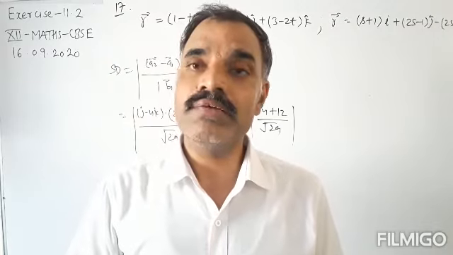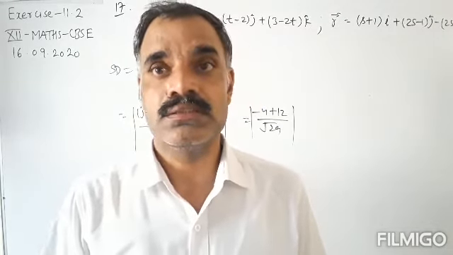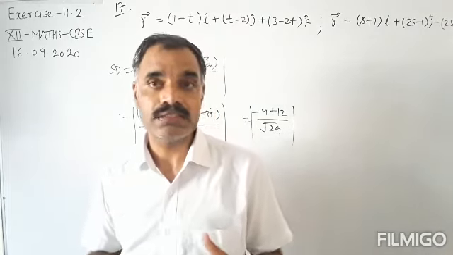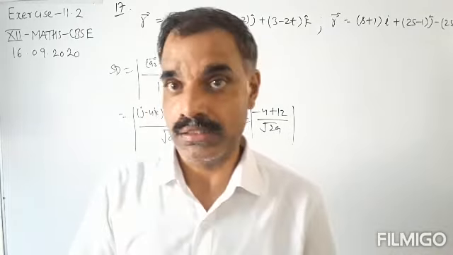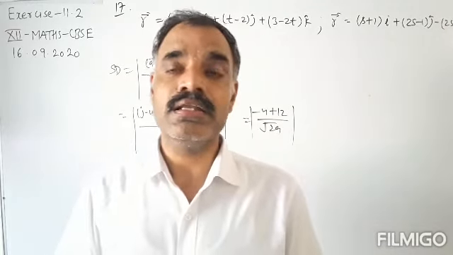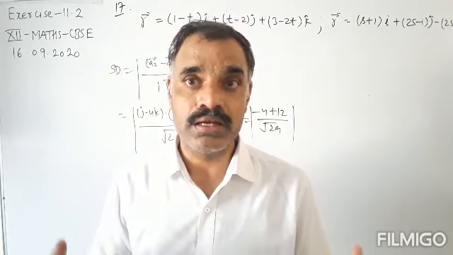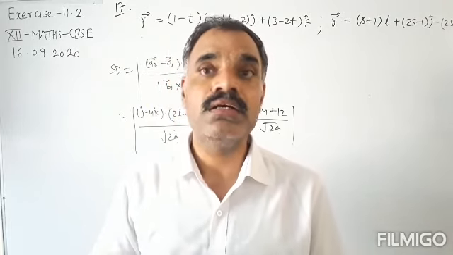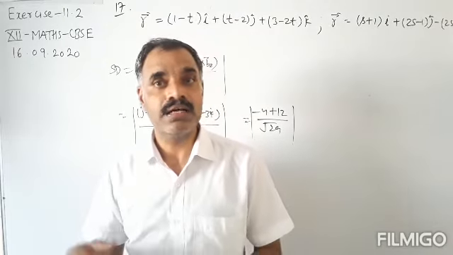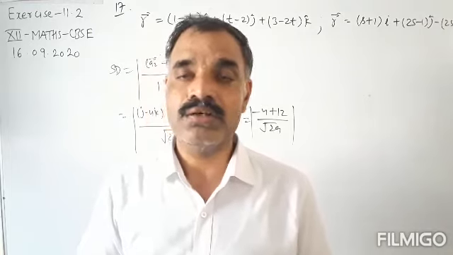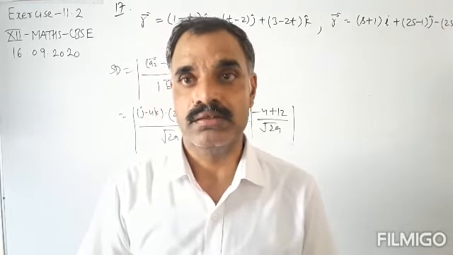Okay, so today we have solved questions related to the topic lines in three-dimensional geometry. The questions were related to the angle between two lines, the shortest distance between two lines, and when lines are perpendicular to each other, finding the condition or the value of p.